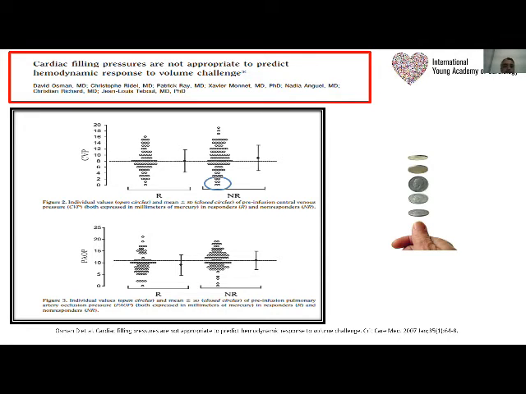You can see that there are still a few patients with a CVP of 0 or 2 who are non-responding to fluids, and a few patients with a CVP of 16 who are still responsive to fluids. They found the same findings about the pulmonary wedge pressure, or pulmonary artery occlusion pressure.